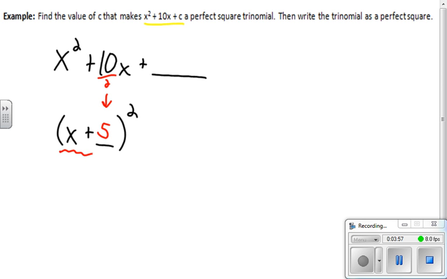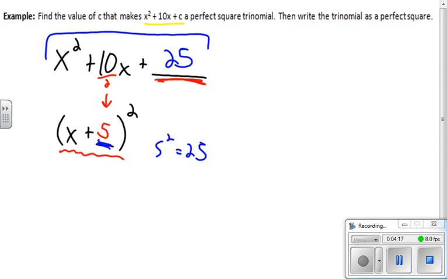So this would be the perfect square binomial that we're looking for. This c value in the trinomial, remember that was 5 squared. We take this number and square it, so 5 squared equals 25. So when it's written like this, this is the perfect square trinomial that we're looking for. So in this case, we'd say c equals 25. And we got it by completing the square.